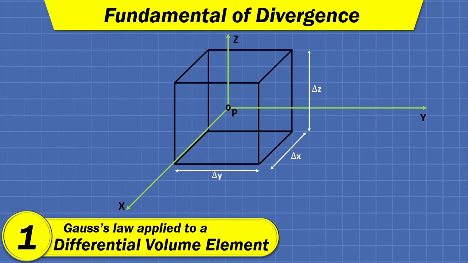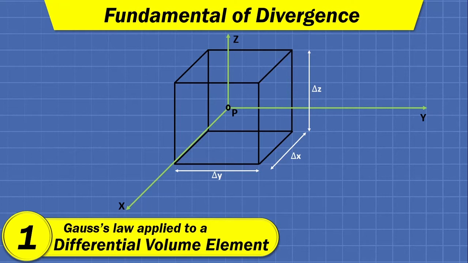To begin, we are going to apply Gauss's law for a very small differential volume element. The conditions are very important to understand, because whatever we derive in this video is truly based on these conditions.